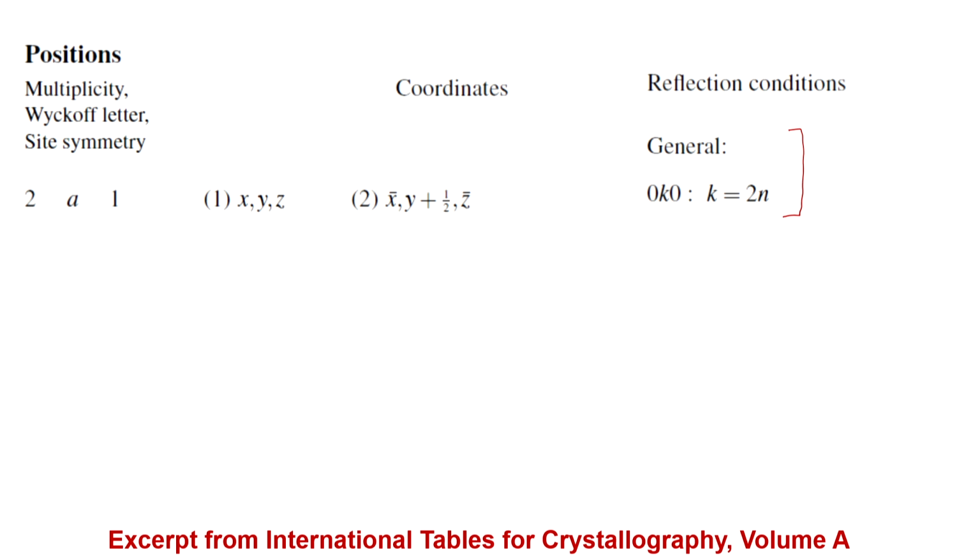Now, suppose I put a second atom at another general position, then that will also get replicated and produce two more atoms and so on. So, in general, I can put, let us say, n by 2 atoms at n by 2 different general positions.